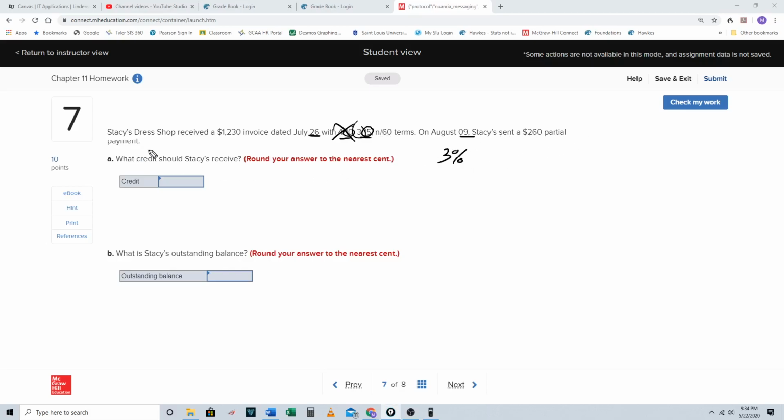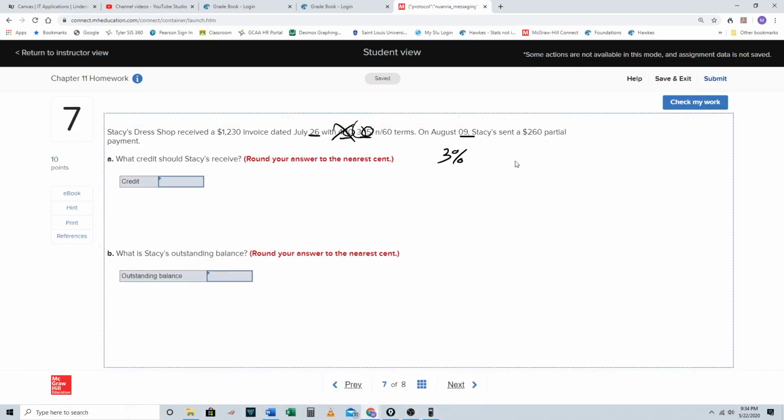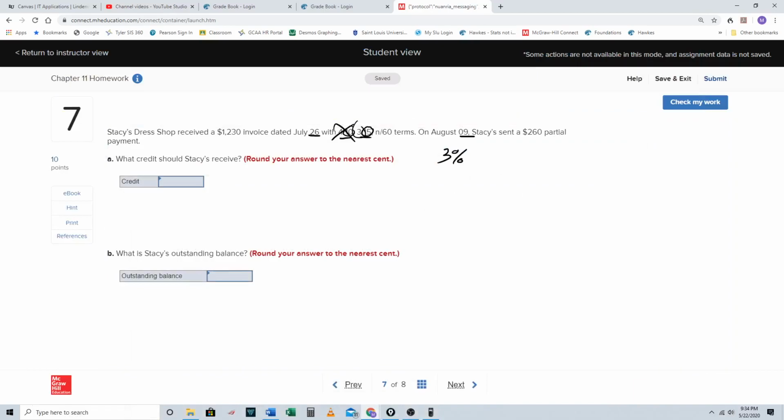Now, if you remember the rule for partial payment, it is on my formula sheet. Partial payment is the payment divided by 1 minus the discount rate, which is the complement. So what's the complement of this? The complement is 97%.